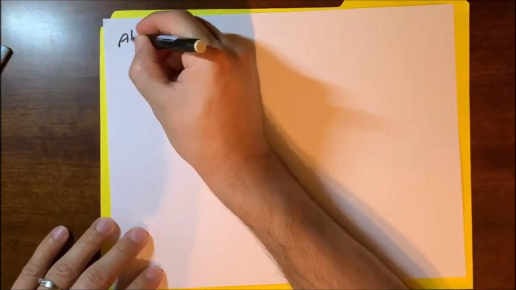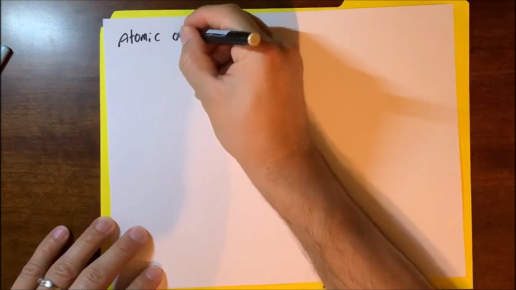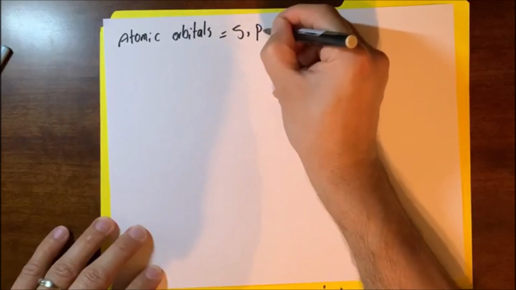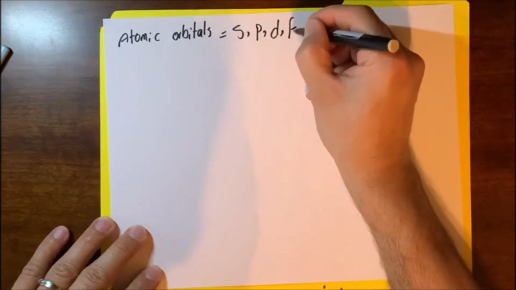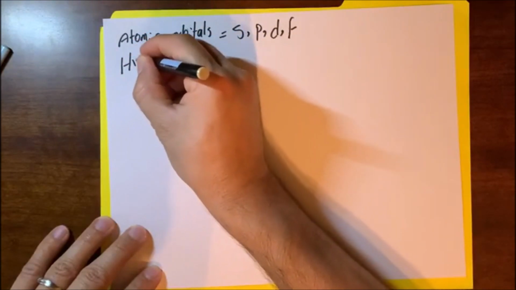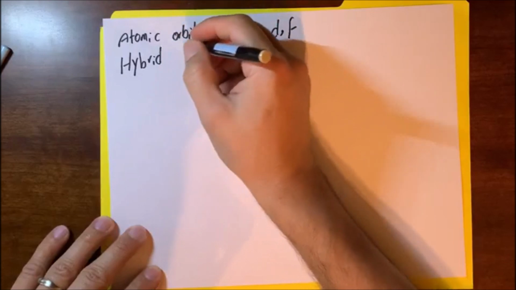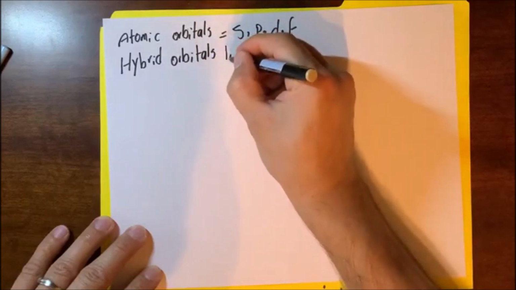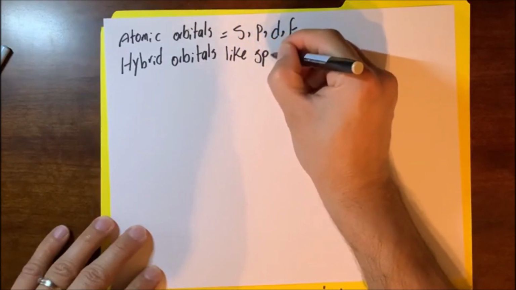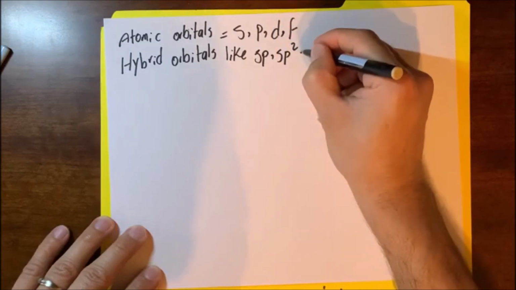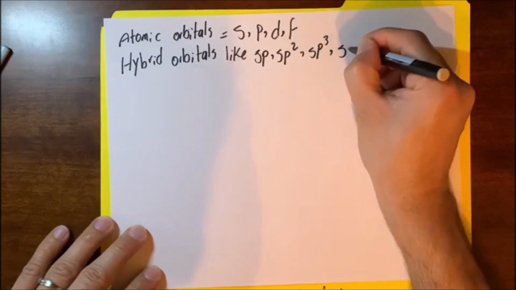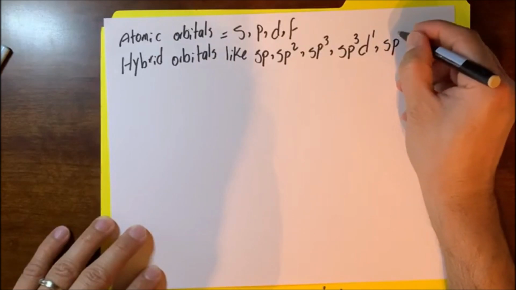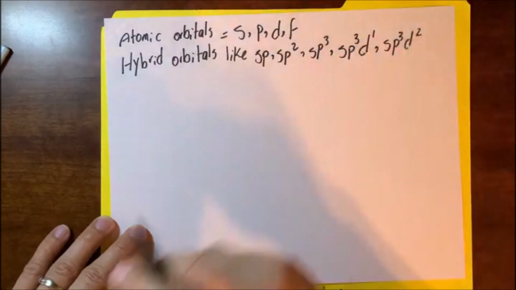We are dealing with atomic orbitals: S, P, D, F. We have hybrid orbitals like sp, sp2, sp3, sp3d1, and then sp3d2, and I will talk about all of them.